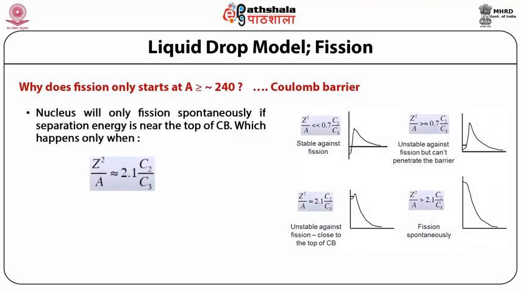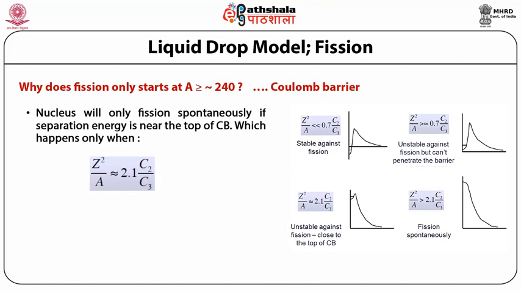Liquid drop model, fission. We are still continuing our discussion about the fission. Now we want to understand why fission only starts for heavier nuclei, that is for nuclei with A greater than around 240.